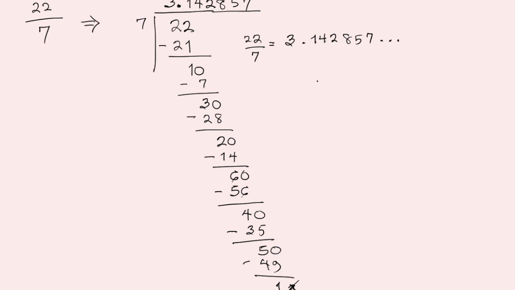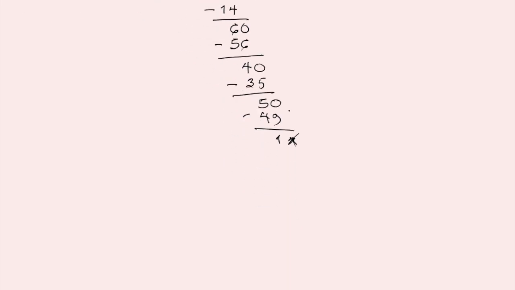And this brings us to another thing in decimals, which we call approximating to a certain number of decimal places, or a certain number of significant figures. So if we write down our answer as 3.142857, I think that was the last number we got here.